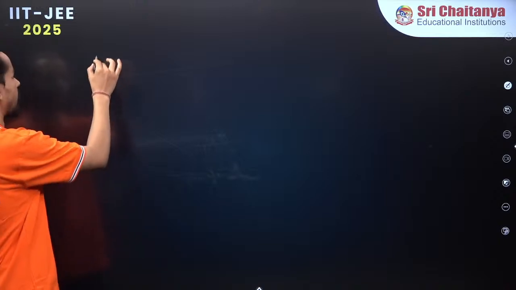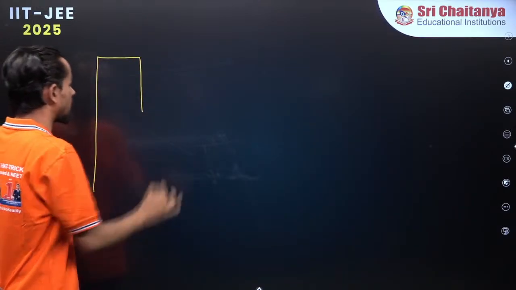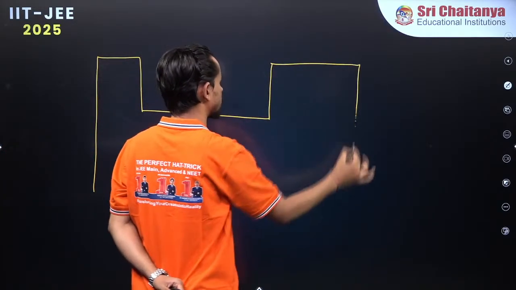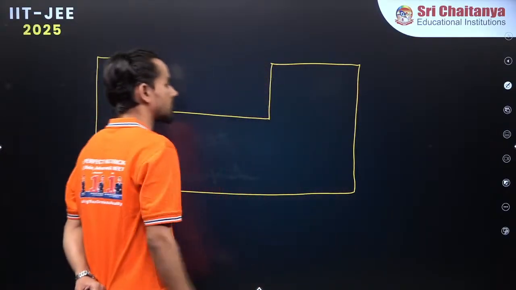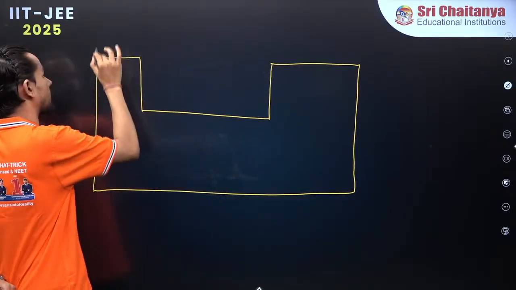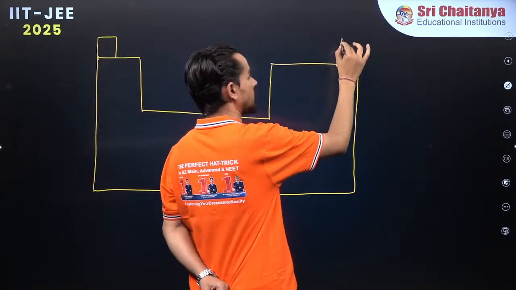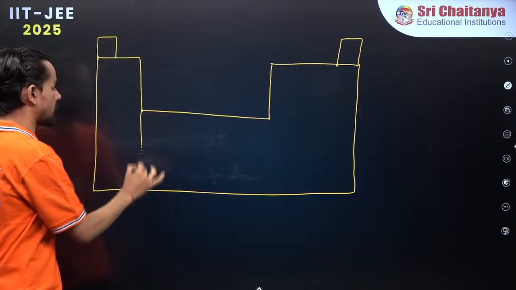Let's draw a basic idea of how the periodic table looks. This is the normal structure of the periodic table, where this part is hydrogen and this part is helium.